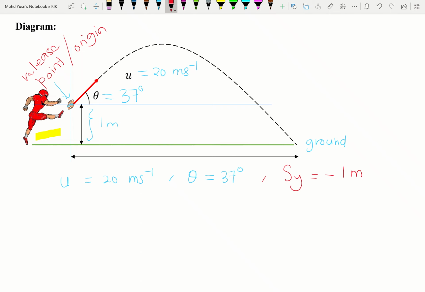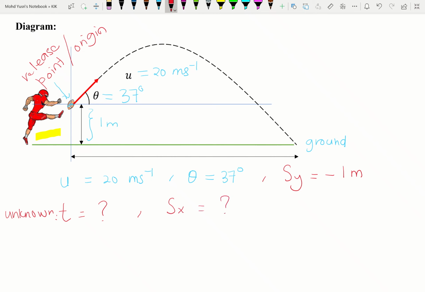Okay, from the question, we don't know the value of t. The second thing we don't know is the value of Sx.